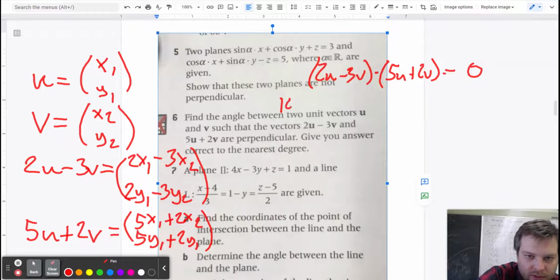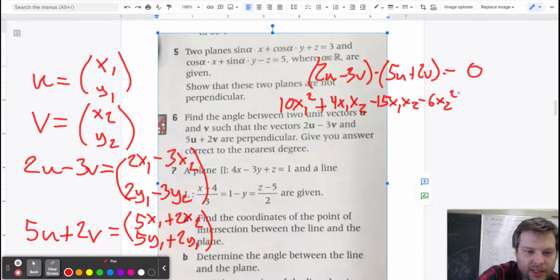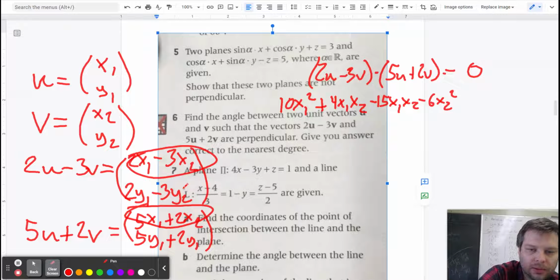We have 10x1 squared plus 4x1 x2 minus 15x1 x2 minus 6x2 squared. So that's just taking the x component times the x component right there. I'm going to write the y components underneath it.